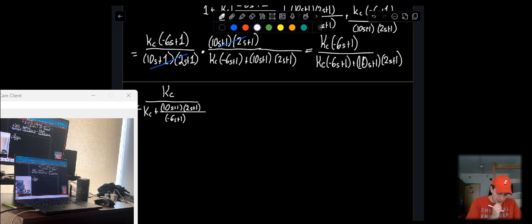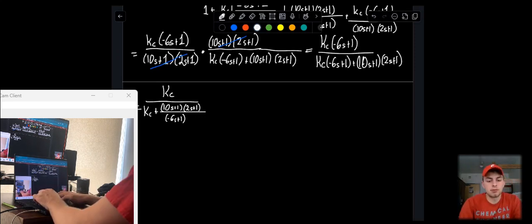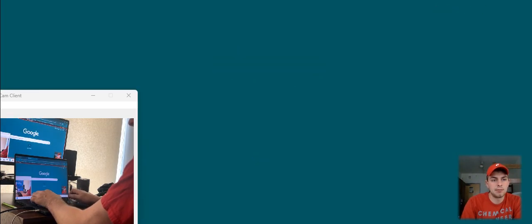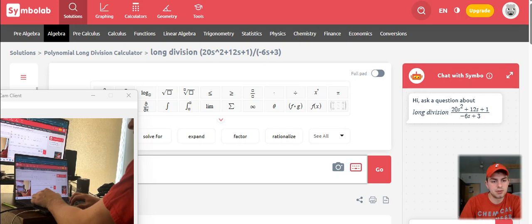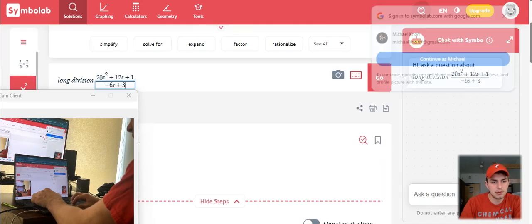Well, let's see if we can do any work with this. Let's see here. The first thing I'm going to go ahead and do is see if there's any fraction division worth taking place here.